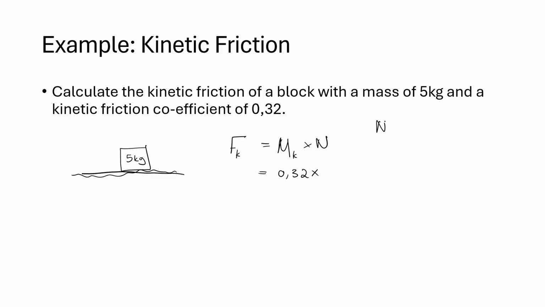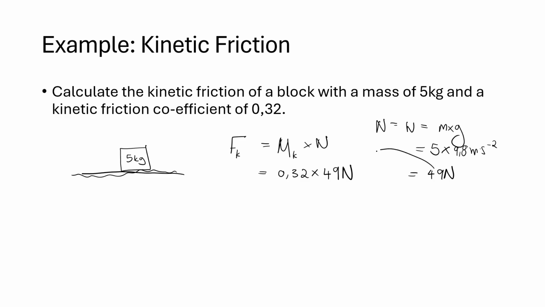But what is the normal? The normal in this case is the weight, and the weight is equal to mass multiplied by gravity. What is the mass? 5 kilograms. What is my gravity? 9.8 meters per second squared. I multiply those two together and I get the same answer as previously, 49 newtons. I multiply my 49 newtons with 0.32.